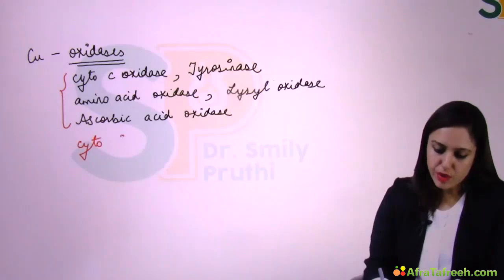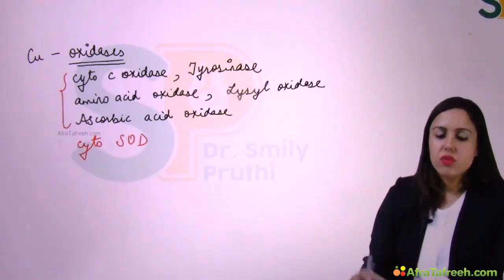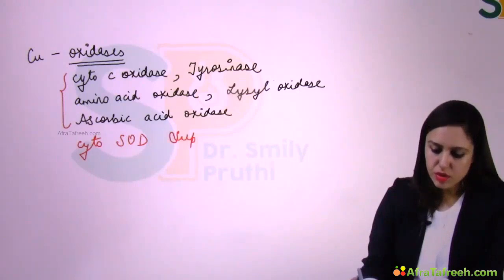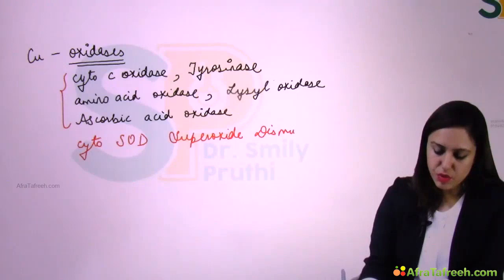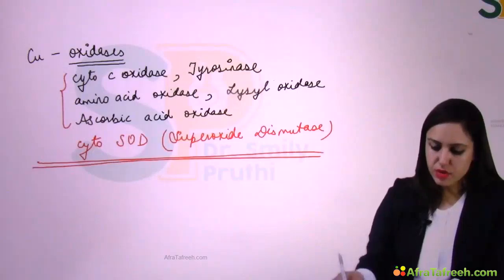Also cytoplasmic SOD requires copper. What is SOD? Superoxide dismutase. SOD, superoxide dismutase, that requires copper.